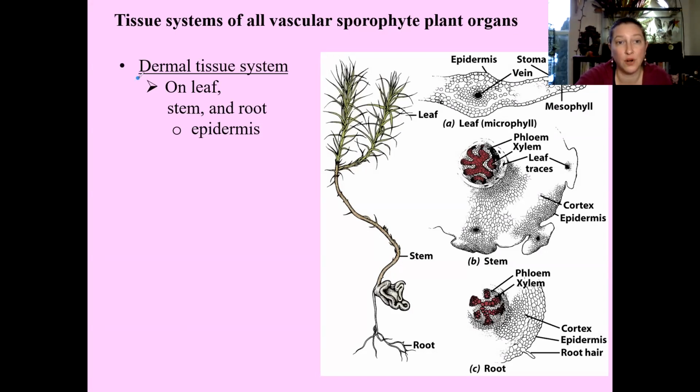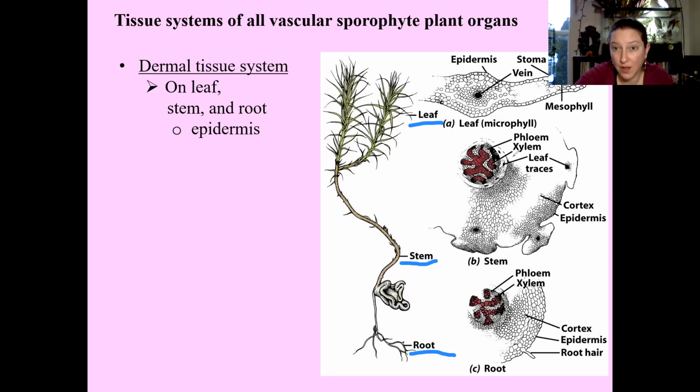When you think of the dermal, like we have epidermis, right? Epidermis. So when you think of dermal tissue system, you can think of the skin almost. And on the leaf, so up here, this is showing you a leaf, right? On the stem and in the roots, you will have the dermal tissue system, and that is called the epidermis.